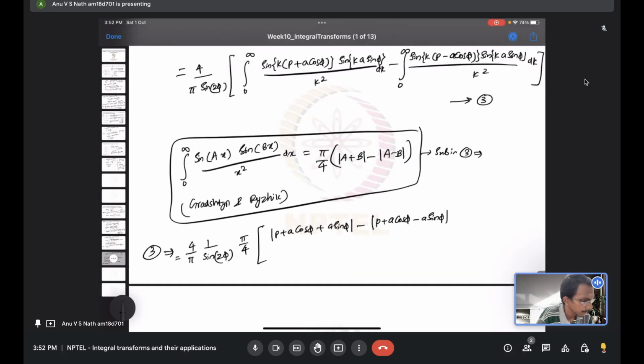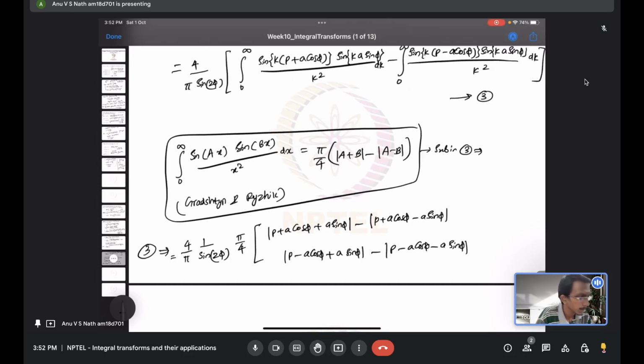Then in the second integral, p minus a cos phi is added to a sin phi, mod, then subtracting p minus a cos phi minus a sin phi. If you find any mistake, please tell. I am assuming there is no mistake, so I am just going ahead, probably sign mistakes or something.